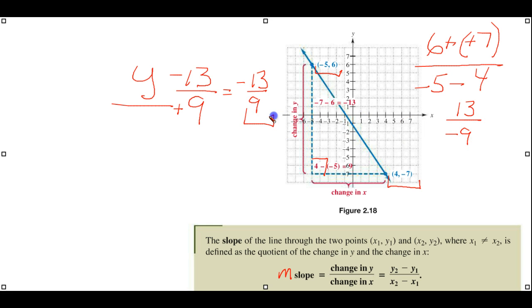Well, that's what we got. We got the negative in a different position. Now, if we started here and went this way, that would be a negative 9. And then if we went up, that would be a positive 13. So we can find slope by using a set of ordered pairs, or by counting the legs of our right triangle, where the vertical is the y change, the rise, and our horizontal is the run.